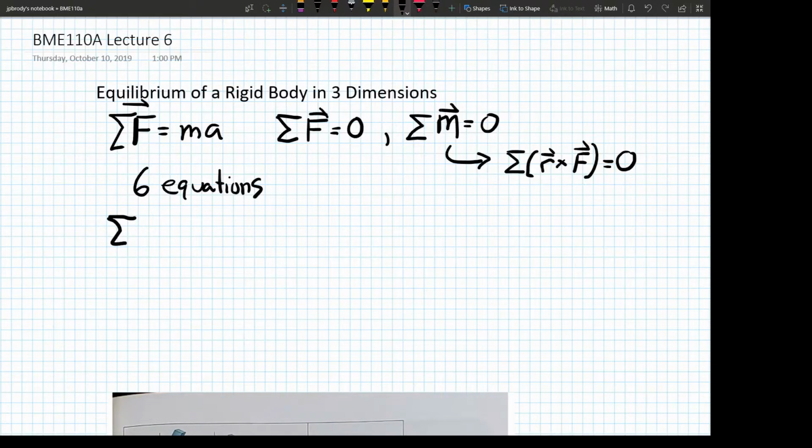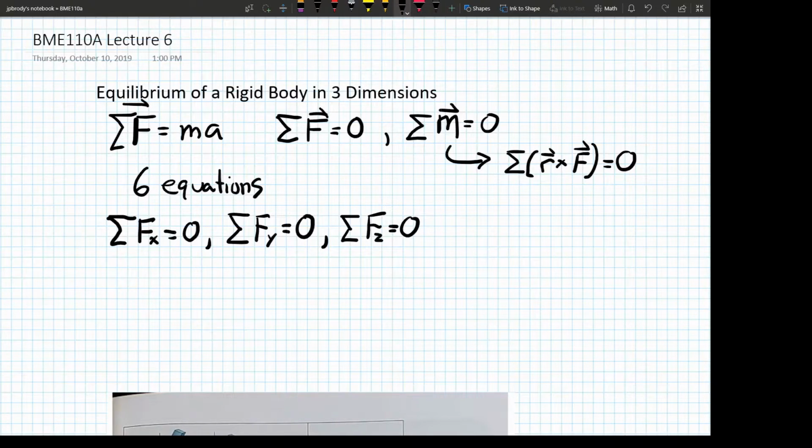It's that the sum of all the x components of the forces has to be 0, the sum of all the y components of the forces has to be 0, and the sum of all the z components of the forces is also 0. That's 3, and then we have the other 3 being from the moments.